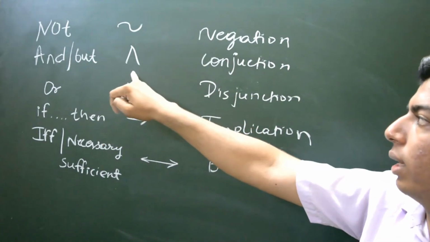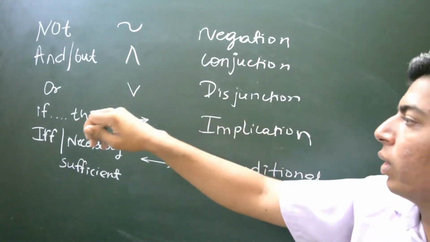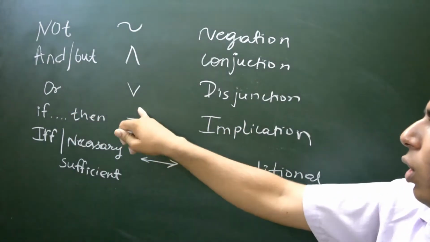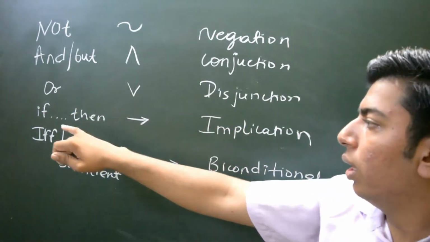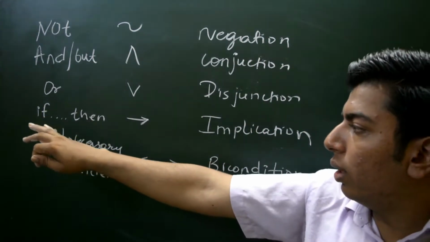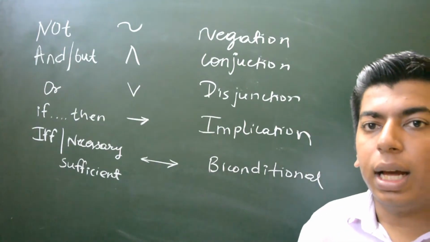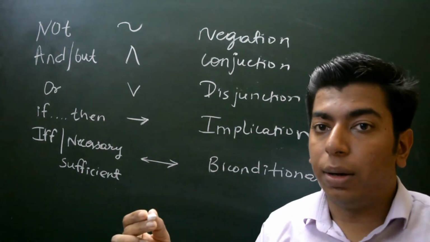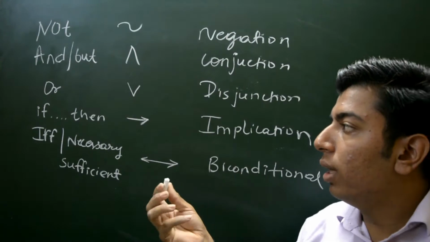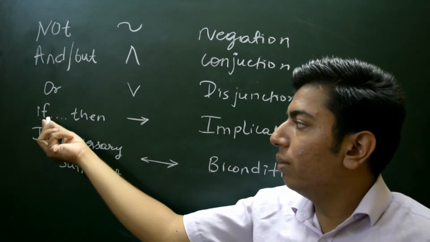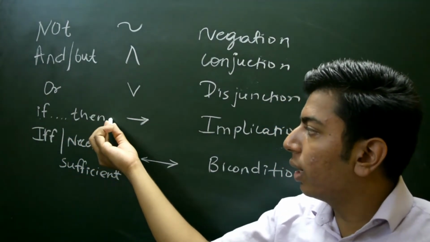But the symbol is like this: conjunction, or the symbol for disjunction, and if-then. This dot indicates that the sentence will be like, if Sita is tall then Gita. In that case there is an if and then sentence, then again a sentence.